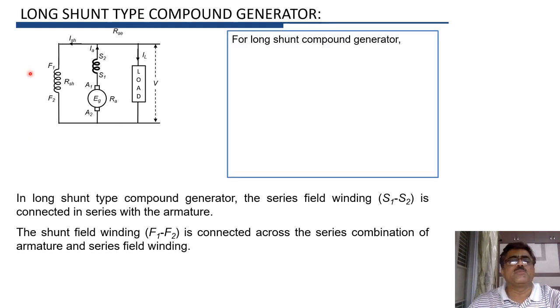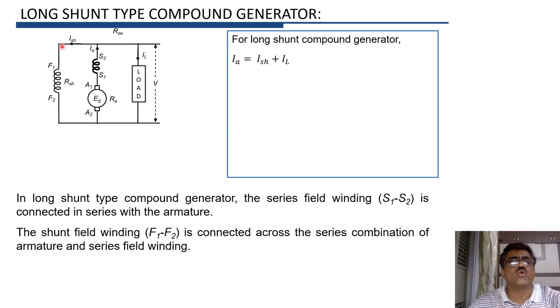Now, with the help of this diagram, we can write expressions for long shunt type compound generator. Now, applying Kirchhoff's current law at this junction, we can write IA is equal to ISH plus IL.